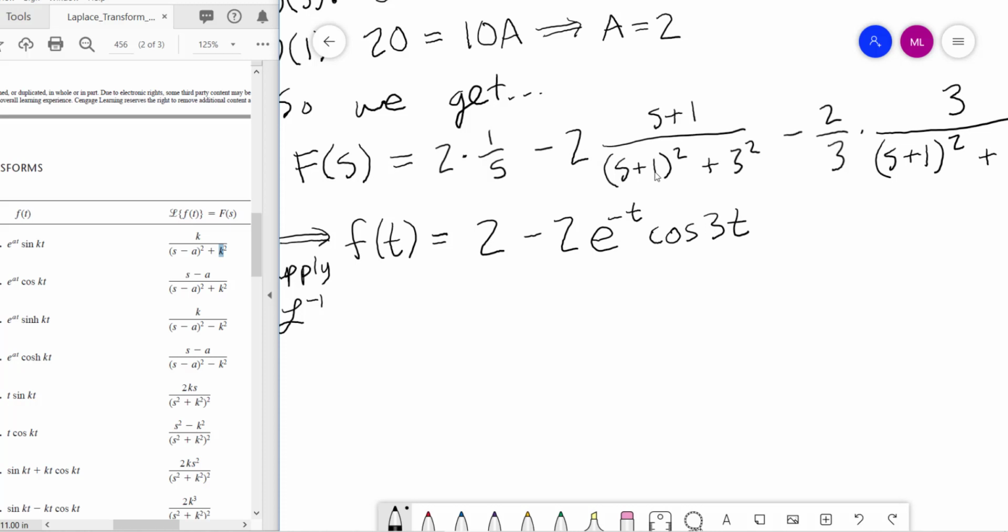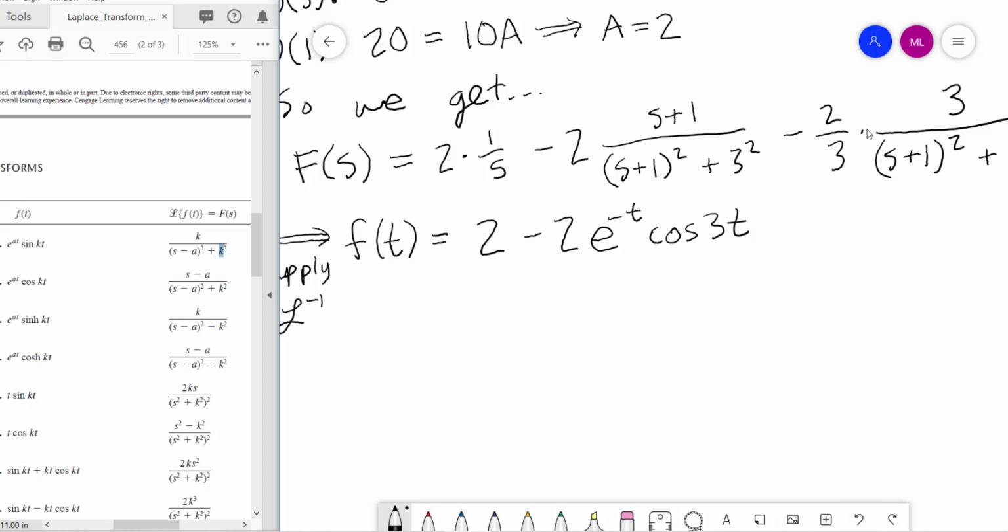The a was negative 1, the k was 3. So there's our k, and right here is our a. Just so it's totally clear.